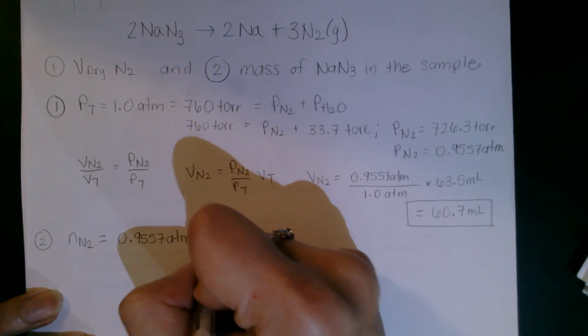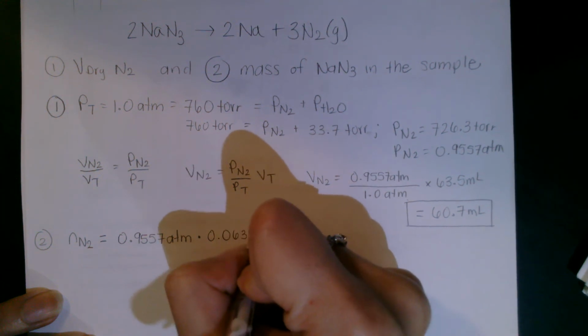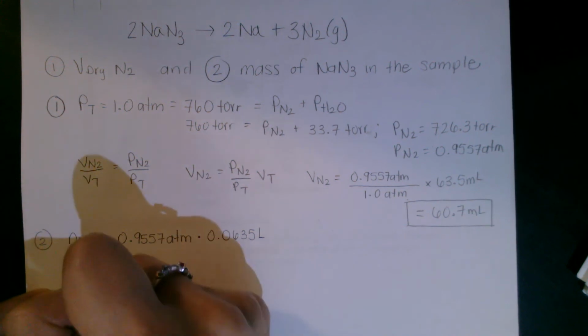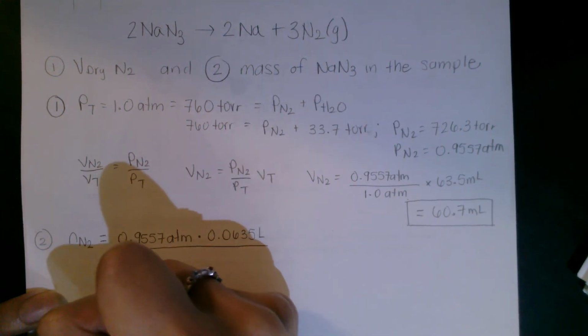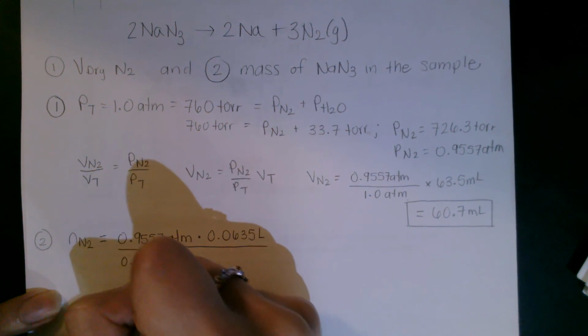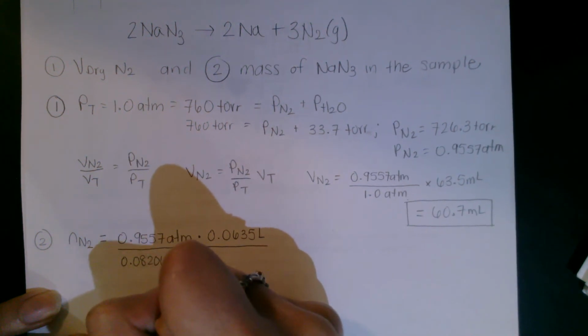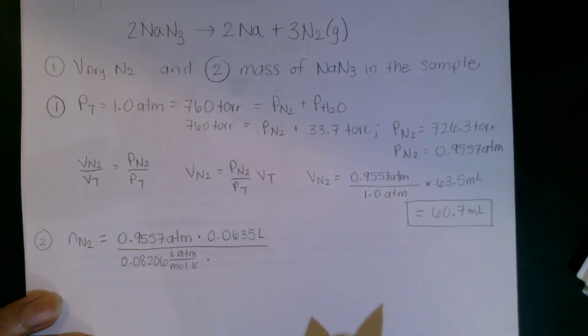I'm going to turn that into liters, so we get 0.06355 liters. Okay, good. Divided by R, 0.08206 liter atmospheres per mole Kelvin, and then times our temperature in Kelvin. That was 31 degrees Celsius.